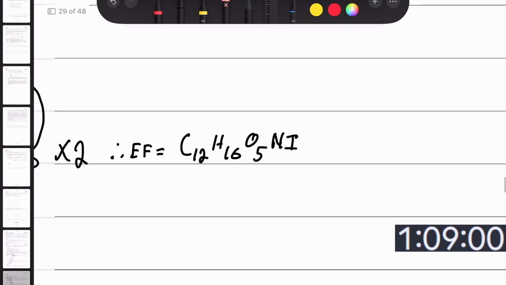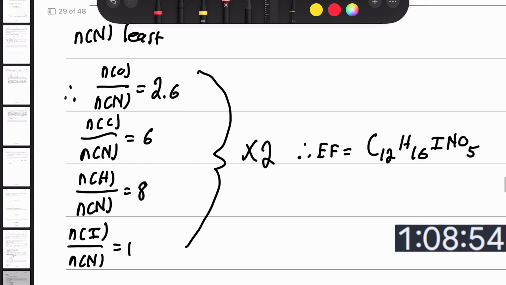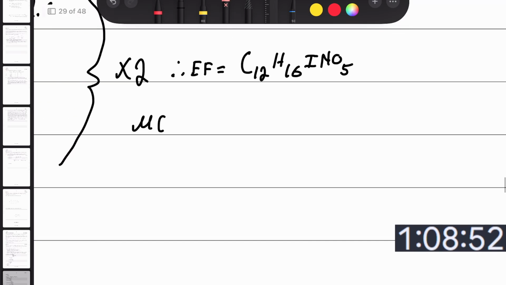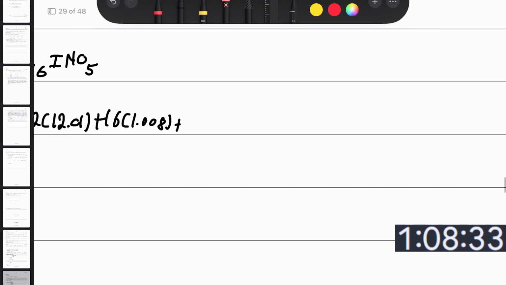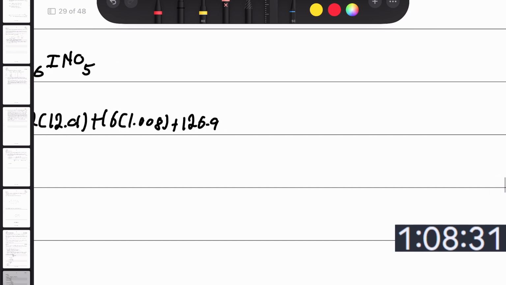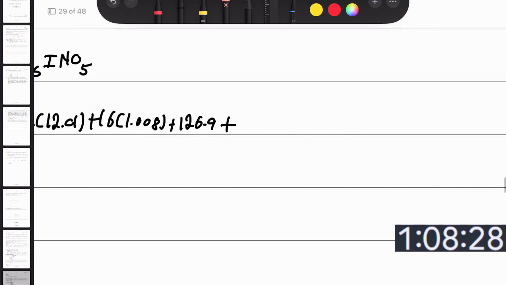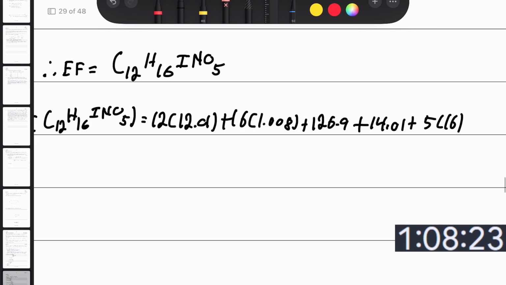C H I N O, okay, I guess I'll do it like this: C12H16INO5, and then the molar mass. So it's going to be 12 of 12.01 plus 16 of 1.008 plus 126.9 plus nitrogen is 14.01 plus 5 times 16.